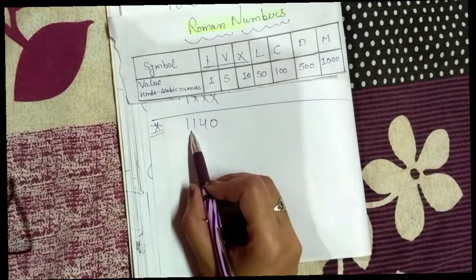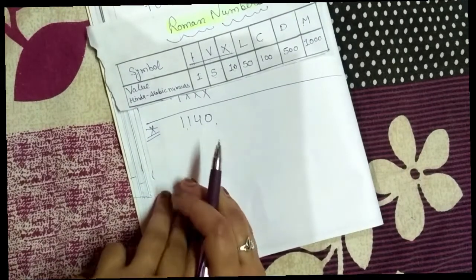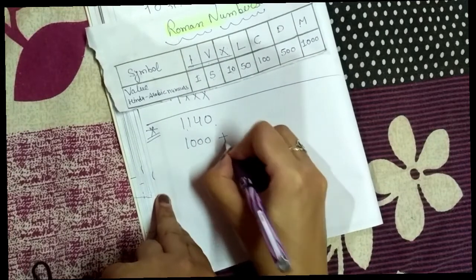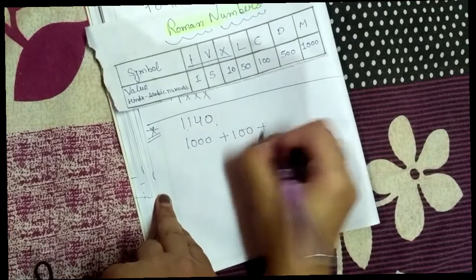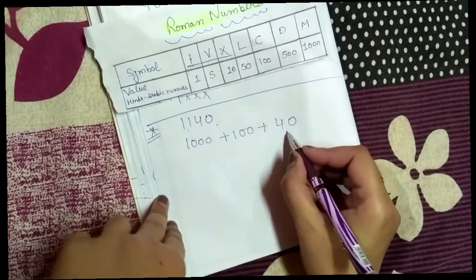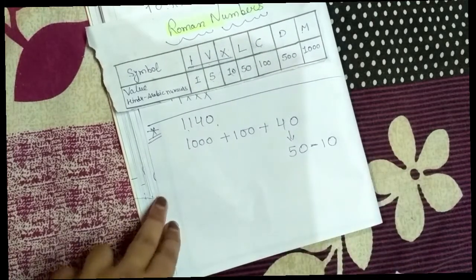Let's solve 1140. So how can we break up this number? 1000 plus 100 plus 40. And you know 40 can be written as 50 minus 10.